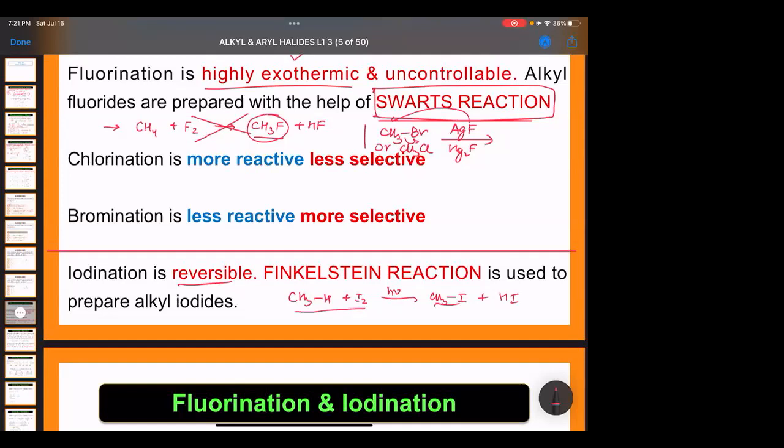It remains toward the reactant side only. Means what?